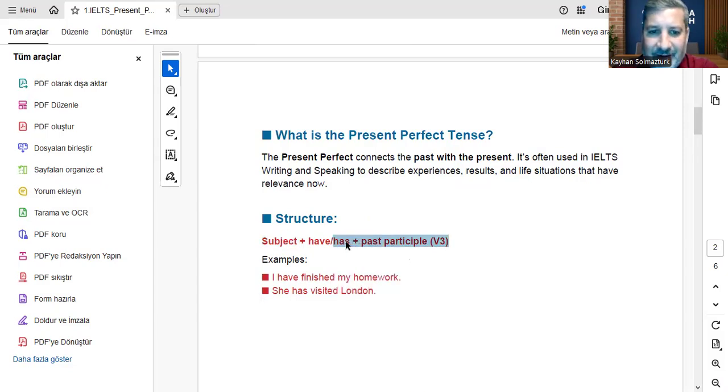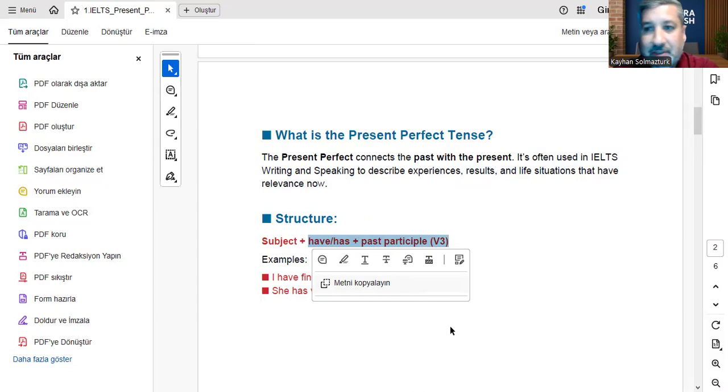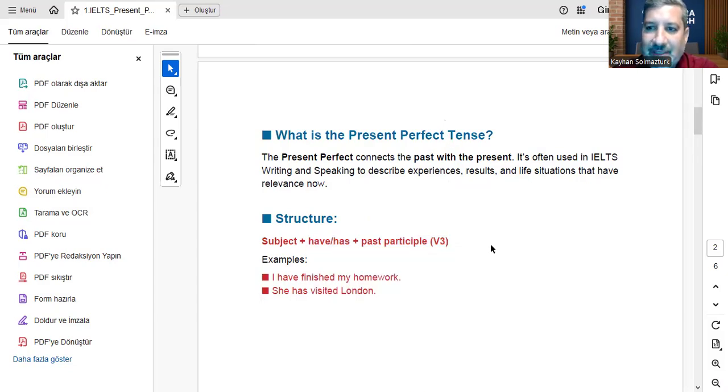Here in present perfect, and in all perfect tenses, we need two things: one is the auxiliary verb, which we can also call the helping verb, and the other one is the past participle of the verb.